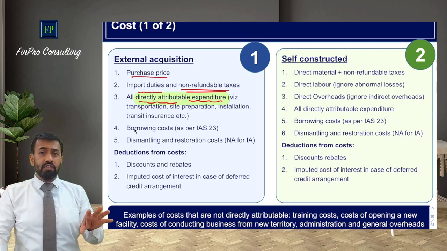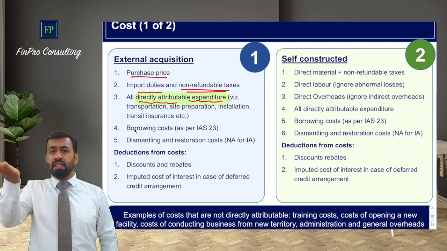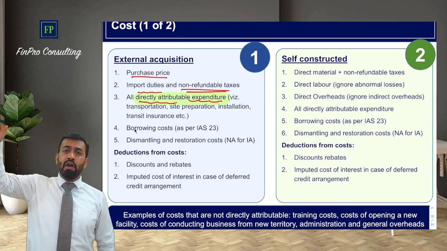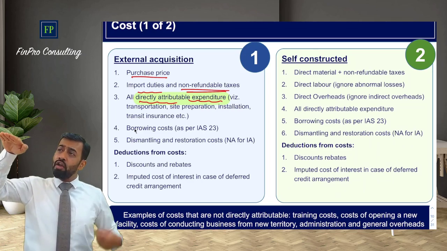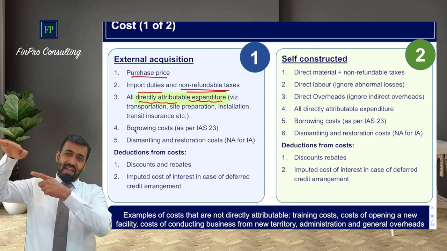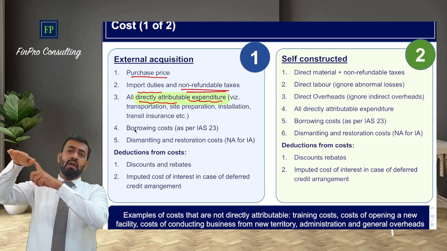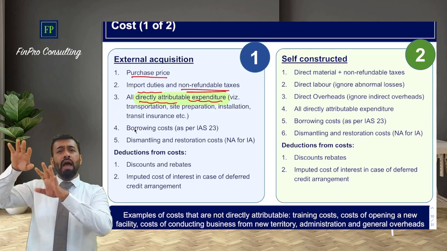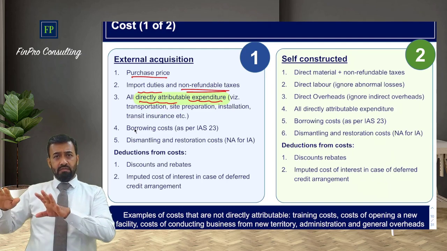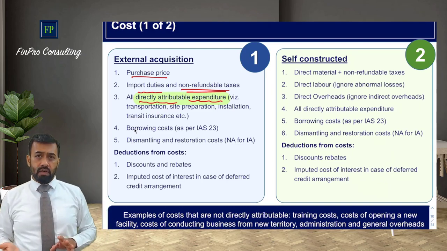That training expenditure is not building that asset to a certain level from where I would like to use it. That asset is already there. You don't know how to use it. And that's why you cannot capitalize training cost as a part of the machinery. You analyze everything this way, and then you will be able to answer. Correct?